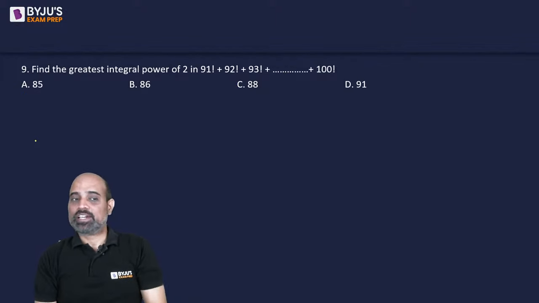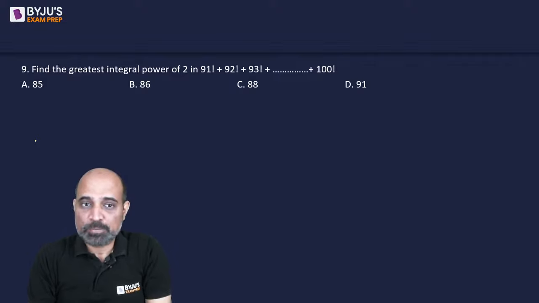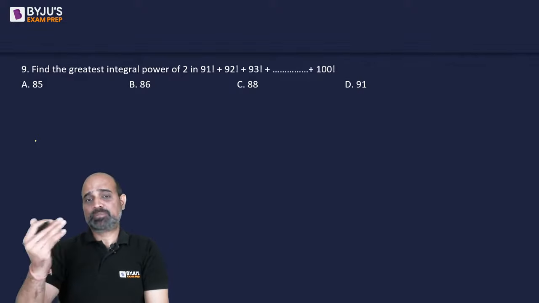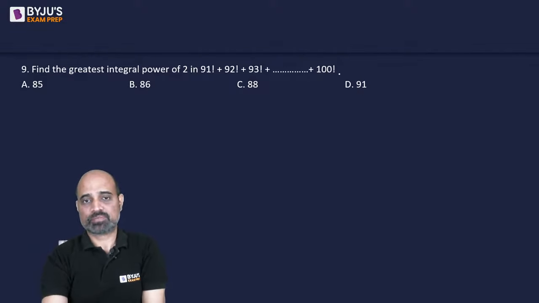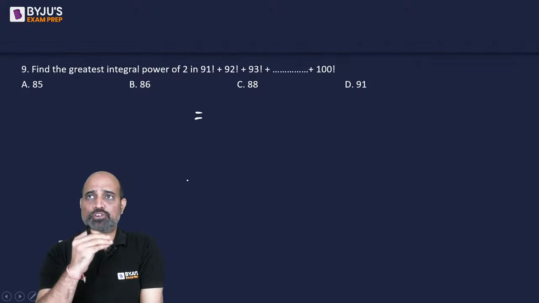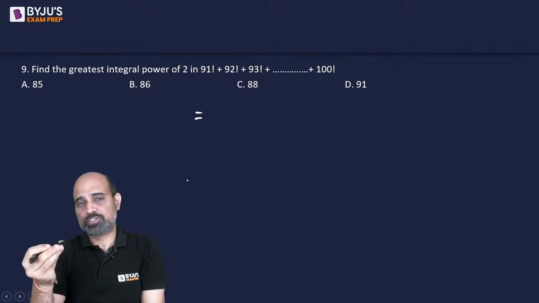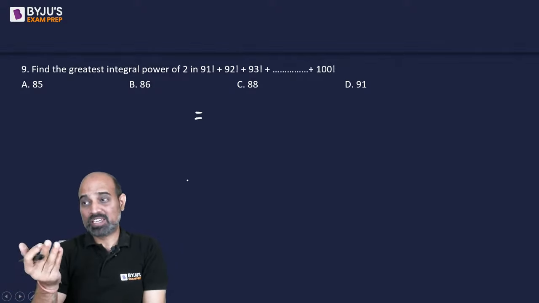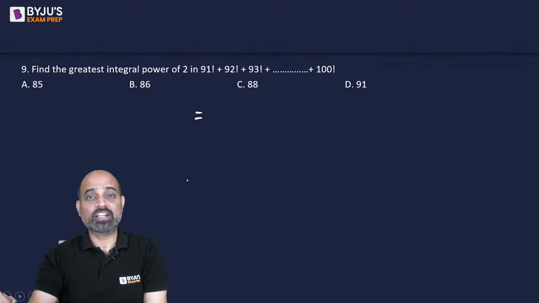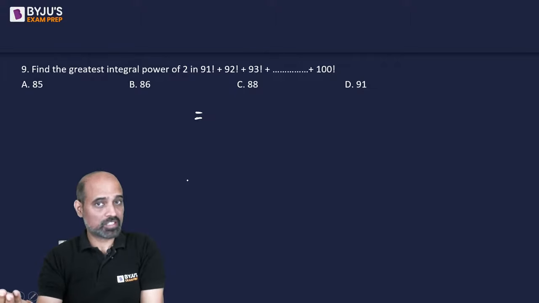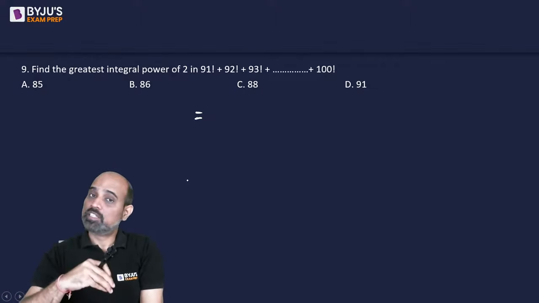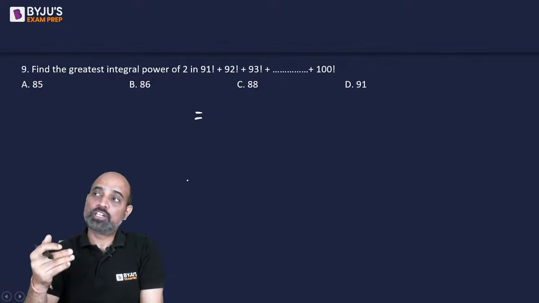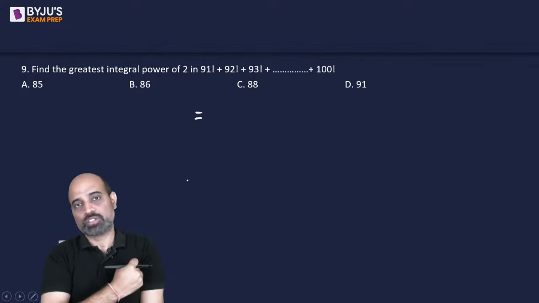Okay, factorial now. Find the greatest integral power of 2 in 91 factorial plus 92 factorial and so on. If you look closely, if you are asked the highest power of a prime or a composite number in more than one term of factorial, you can't solve it directly. You have to convert it into one term. The only way you can convert more than one term of factorials into one term is by taking the smallest factorial common.